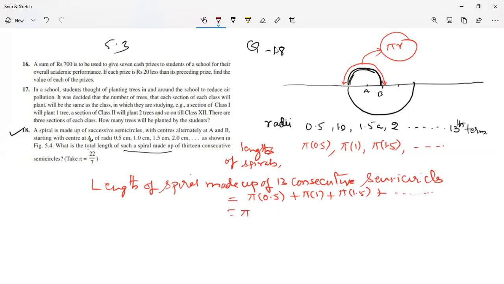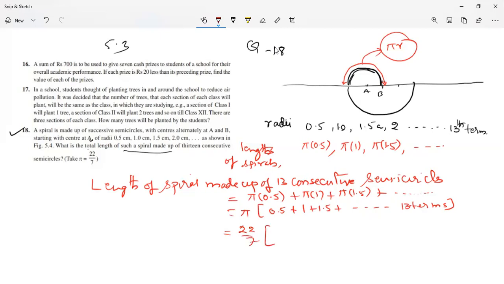So pi we can take common. If you take common pi, then this progression will become 0.5 centimeter, 1 centimeter, 1.5 centimeter, and so on up to 13 terms. So we can use the formula n by 2 into 2a plus n minus 1 into d, and pi as 22 upon 7.